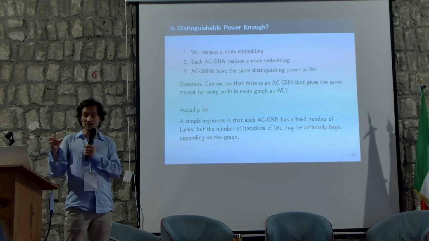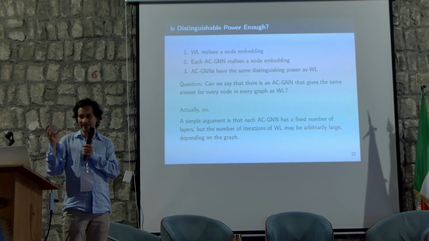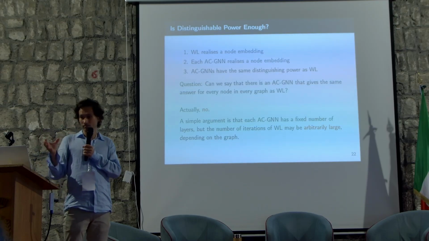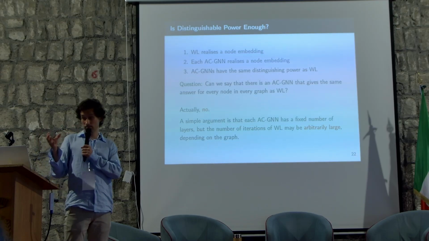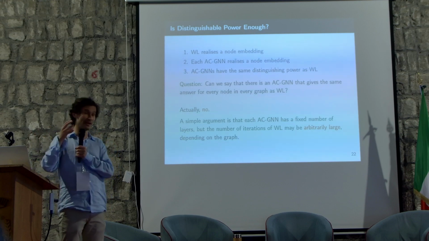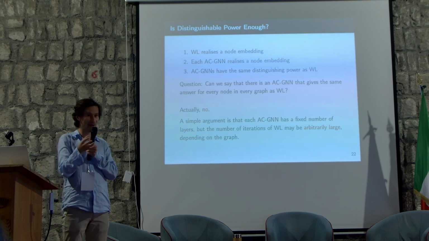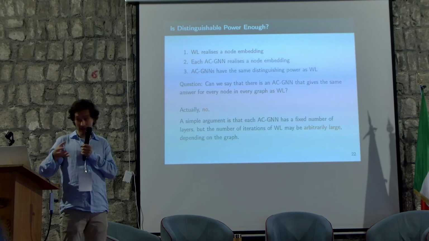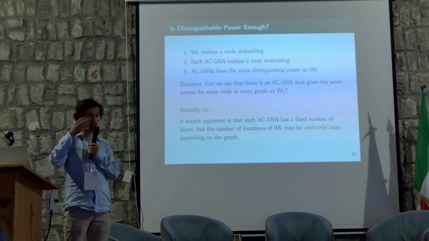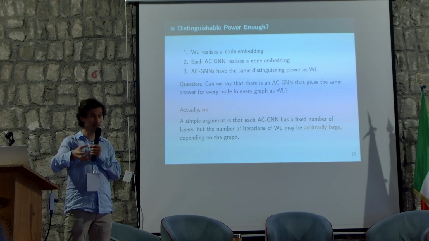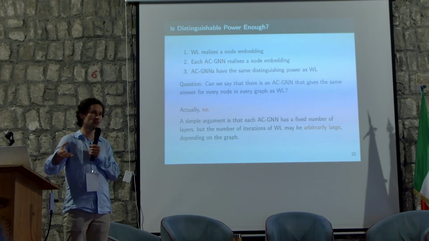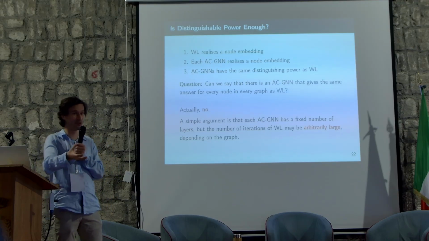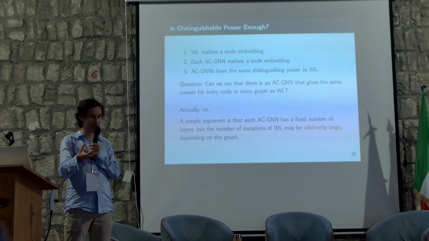And this kind of means, well, someone may think that we can actually implement WL with AC GNN, in the sense that we can just find the AC GNN which does the same as WL for all the graphs, all the nodes on all the graphs, right? Okay, if it is the same expressive power, we should simulate WL with AC GNNs.